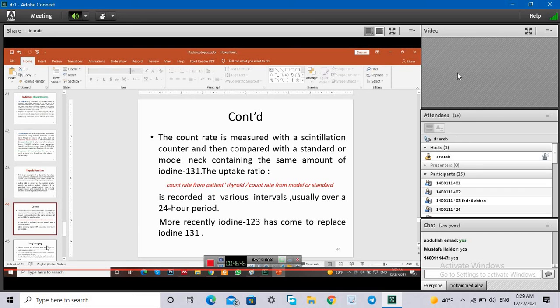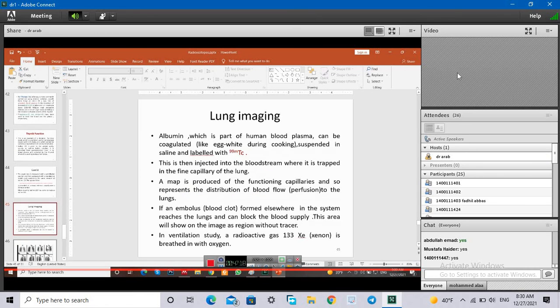Therefore, the uptake ratio is proportional to the counts from the patient's thyroid divided by the counts from the model or standard. Usually, it is recorded over a 24 hour period. The main point of this slide is that we can functionally study the thyroid.